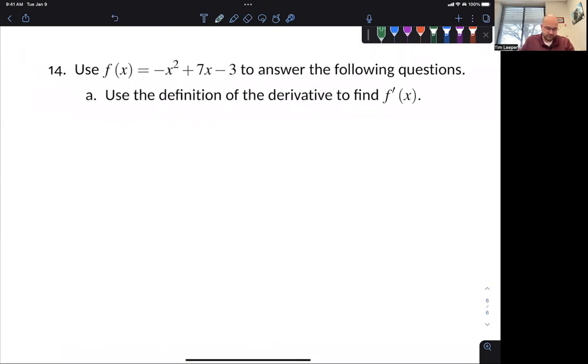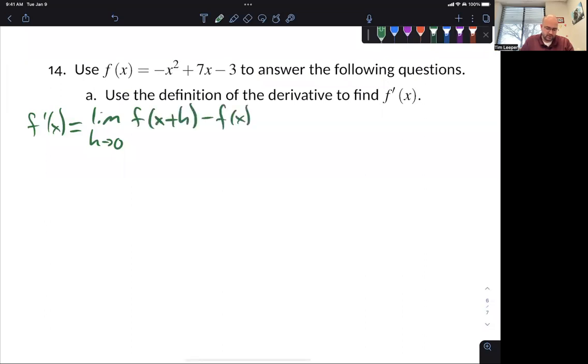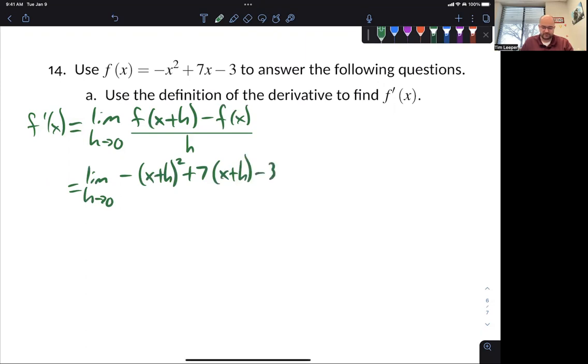So to find this derivative, f prime of x is defined as the limit as h approaches 0 of f of x plus h minus f of x all over h. So this would be the limit as h approaches 0 of negative (x plus h) squared plus 7(x plus h) minus 3.